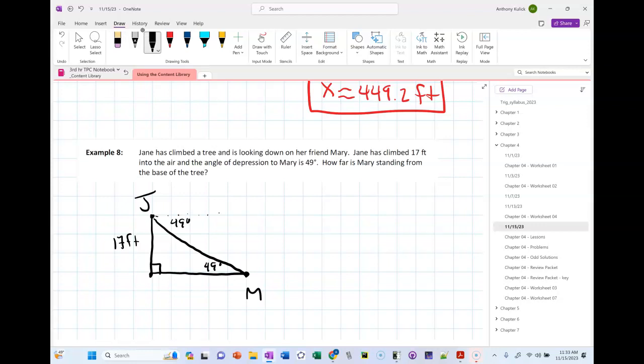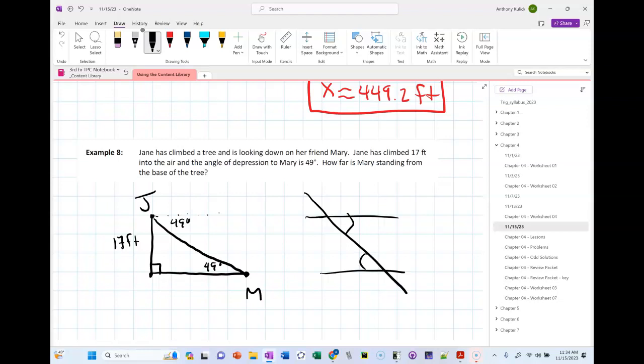Why can we write the 49 down there? Yeah, well, there's a theorem from geometry. Does anyone remember what that geometry theorem says? What it's called? So they're alternate interior angles. So if you have two parallel lines, that would be Jane's line of sight and Mary's line of sight that are cut by a transversal.